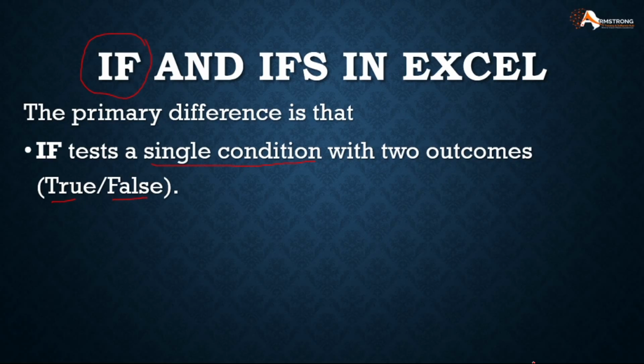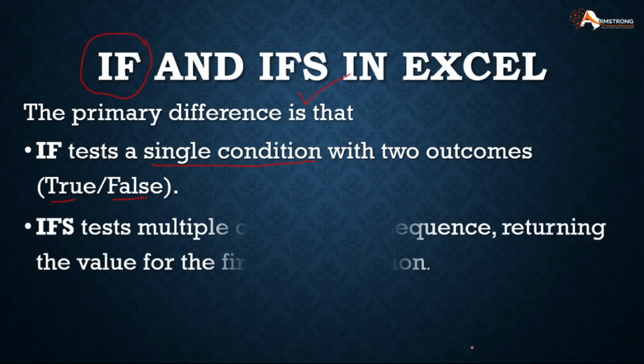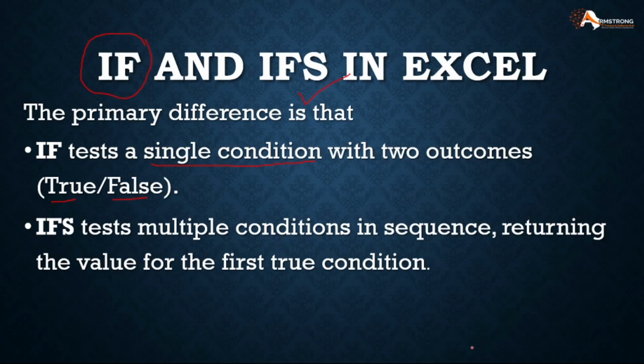Let's look at what IFS is. It says IFS takes multiple conditions in sequence, returning the value for the first true condition. So having said that, now you know that IFS is used to conduct multiple conditions.